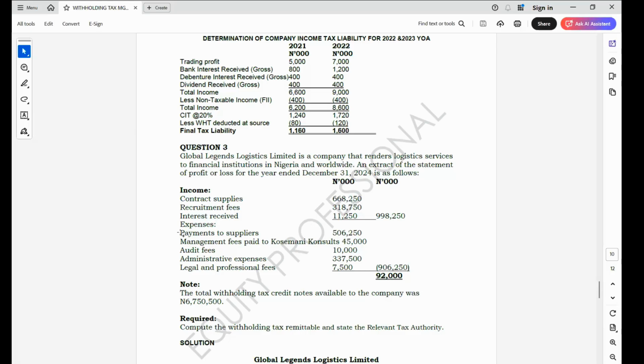Expenses, payment to supplier. Under what category can we categorize this transaction in line with the withholding tax transactions? Under what category can we classify payment to supplier?